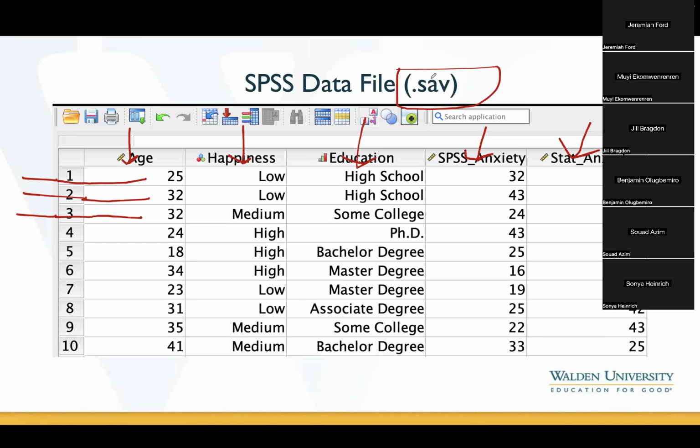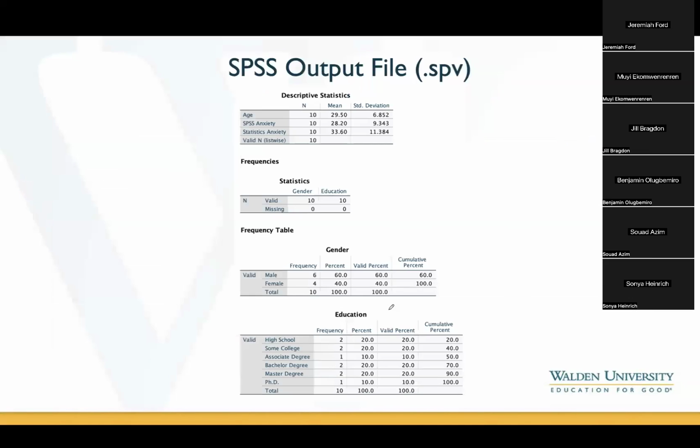Now, that's the data file. When you run and execute something, I believe, Melissa, this may be what you're asking, you'll get the output file, which is the SPV file, first. This is nothing but output. In this case, I ran the descriptive statistics for the age variable and the anxiety variables.